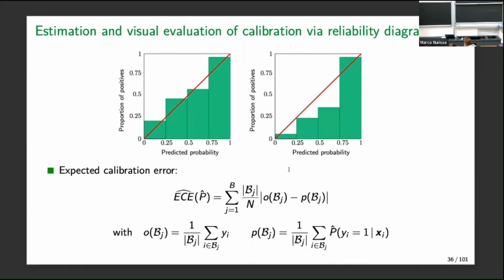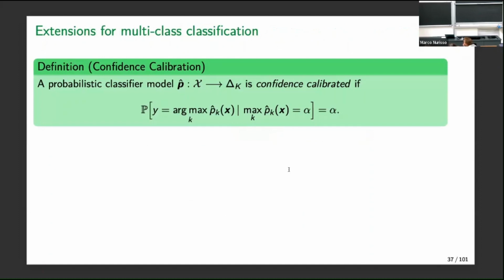So this y_i here is encoded as either 0 or 1 for the positive class. And then the predicted probability in that bin is actually the average predicted probability, because the probabilities might not be uniform in that bin, so you still need to also compute that. And then you take just the difference between those two. And this is a classical measure to measure this calibration. Okay, that's for binary classification.